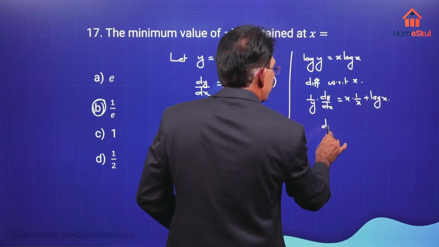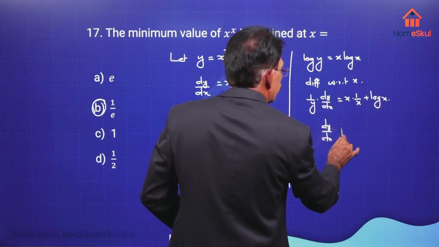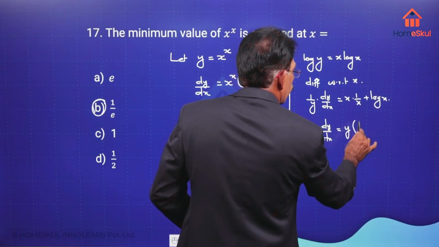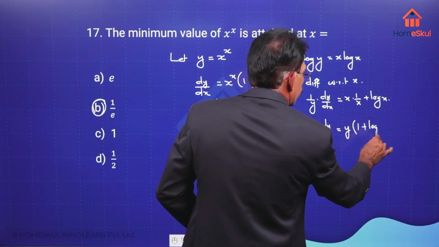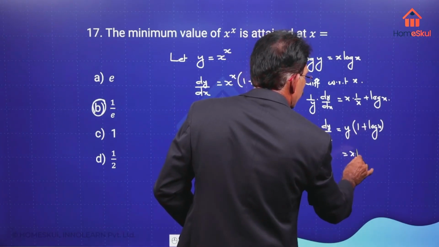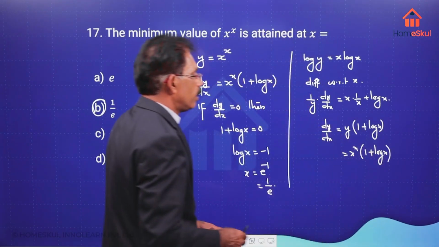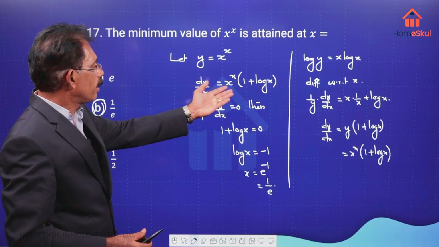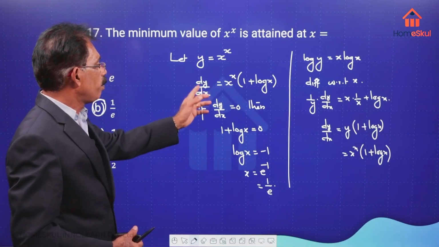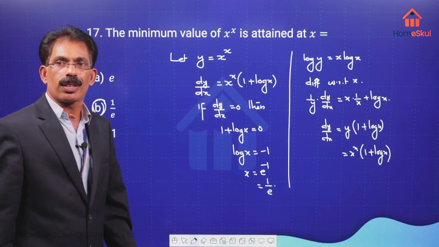Then dy by dx is equal to y into 1 plus log x. What is y? Y is equal to x raised to x. So dy by dx equal to x raised to x into 1 plus log x. I write directly the result.